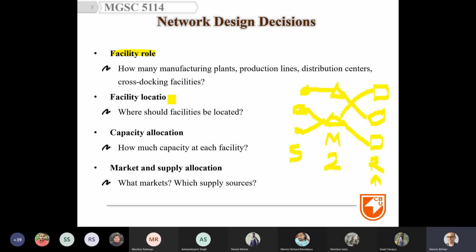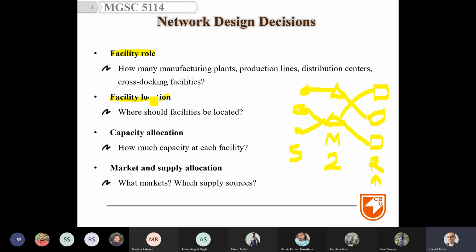Another very important decision when it comes to designing a network is where to establish. Is it right? For example, I want to establish a warehouse in Nova Scotia, in the province of Nova Scotia in Canada. Where is the best recommendation for you? What comes to your mind? Is it good that I establish it in Sydney?